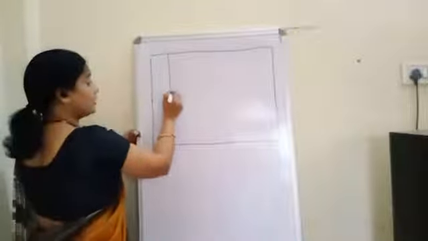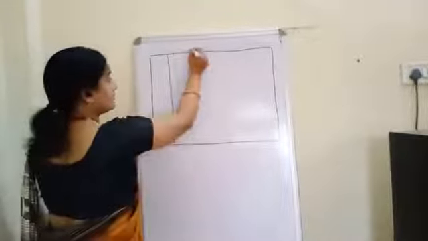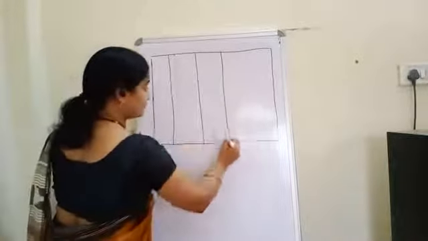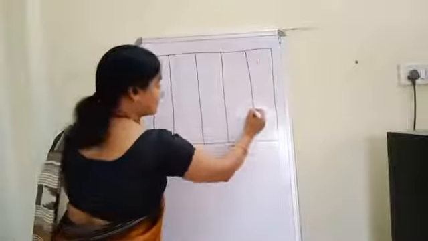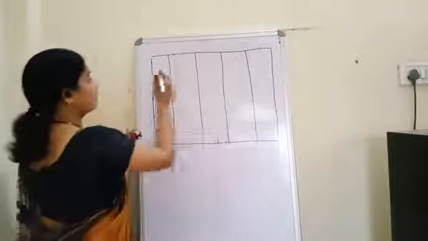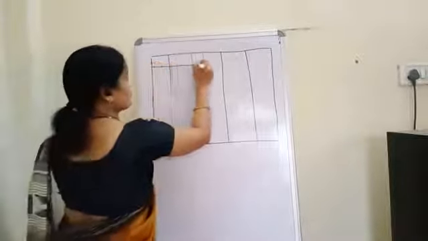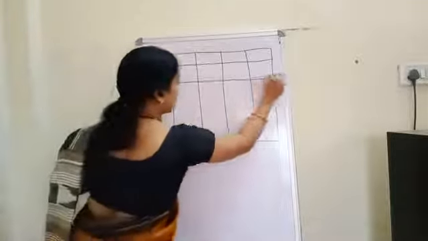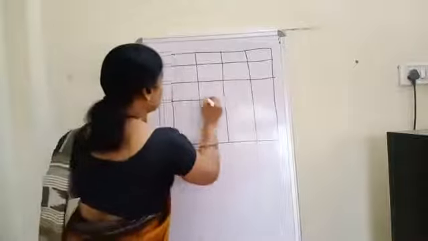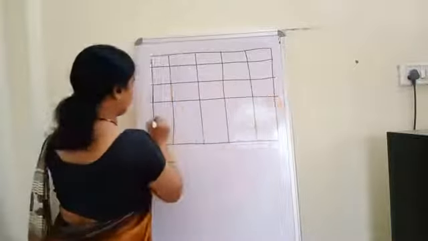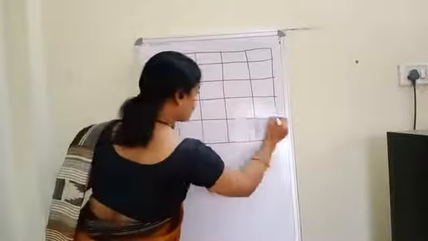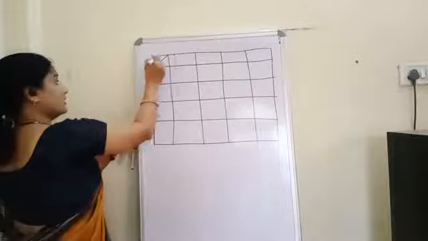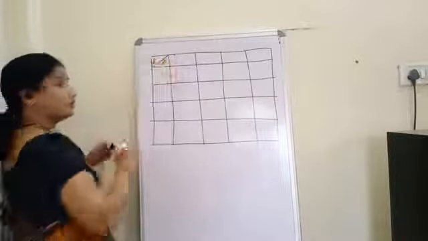We have 4 gametes now, so we have to make 4 blocks: 1, 2, 3 and 4. Again make 4 blocks: 1, 2, 3 and 4. Now this is for the female and for the male.